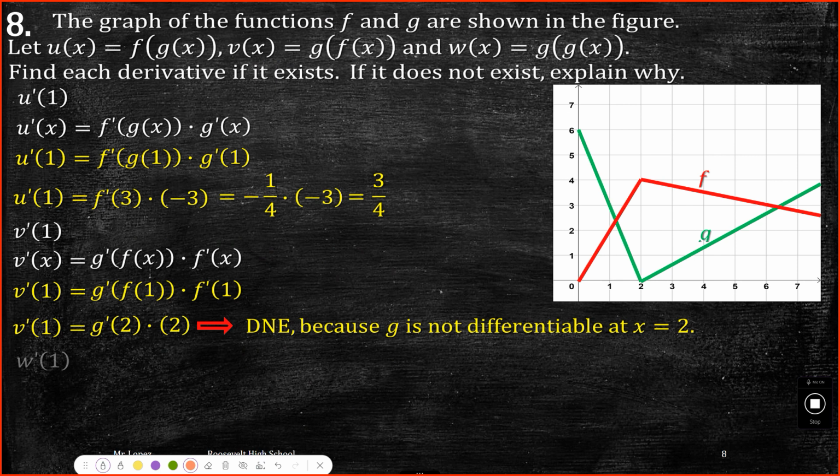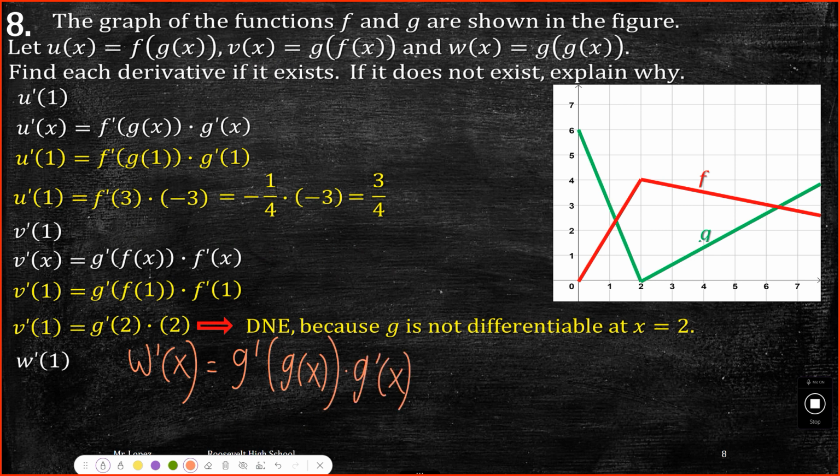Last one. W prime at 1. W prime of x is equal to g prime of g of x times g prime of x. W prime at 1 is g prime at g of 1 times g prime of 1.